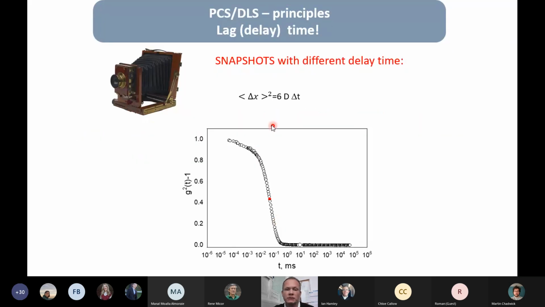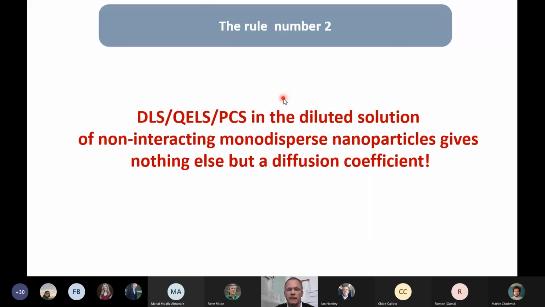So coming back to the physics, this directly comes from the diffusion law, right? So the delta x squared is proportional to the diffusion coefficient. So this random motion of particles making Brownian motion is directly proportional to the diffusion coefficient.